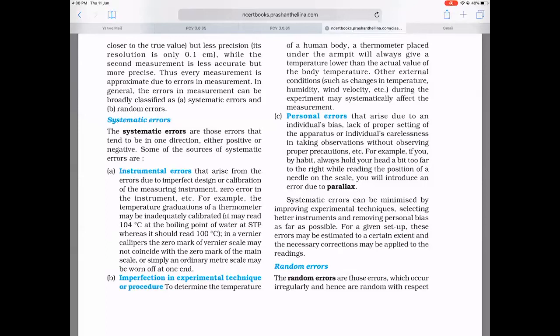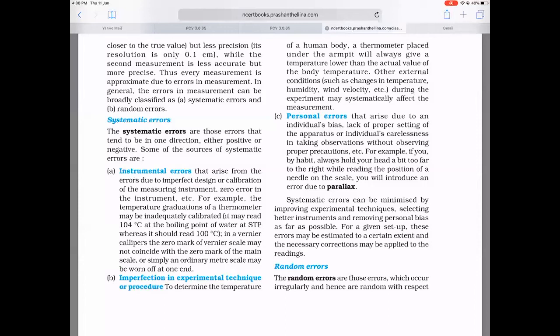Then imperfections in the experimental technique. Suppose I tell you that to convert from Fahrenheit to degrees centigrade, you have to add 290, but in reality you have to add only 273. This is an error that you are making in the procedure. So there might be procedural errors, instrument errors, and personal errors.